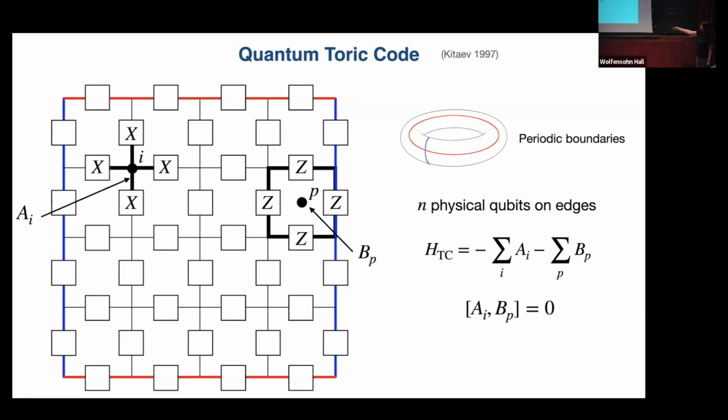The qubits live on the edges of this lattice. And I have two types of checks. My X checks are these star checks living on different vertices, which act on products of these 4 X operators around each vertex. And my Z checks are these plaquette operators, which act on products of 4 Zs. Because every X and Z check overlaps on an even number of qubits, these commute with each other, and that's your toric code Hamiltonian.